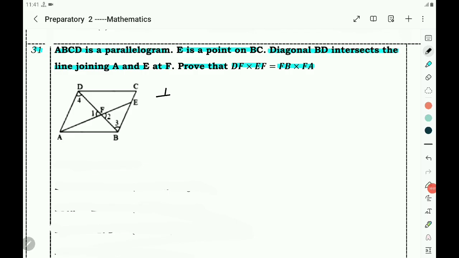In triangle AFD and triangle EFB, here you write angle ADF is equal to angle EBF.